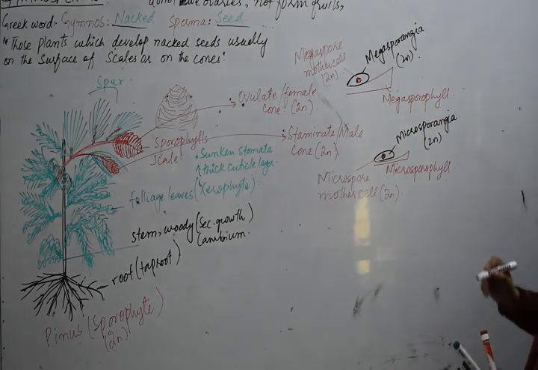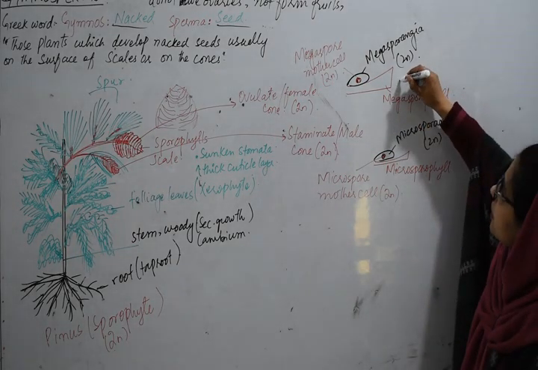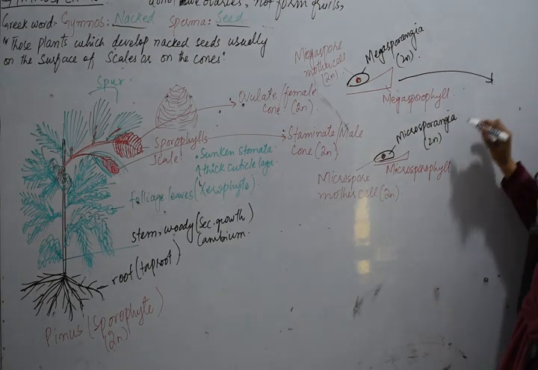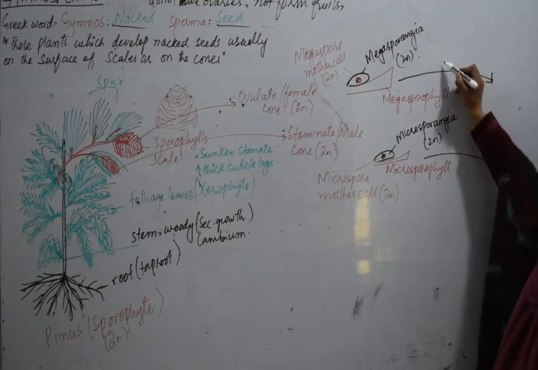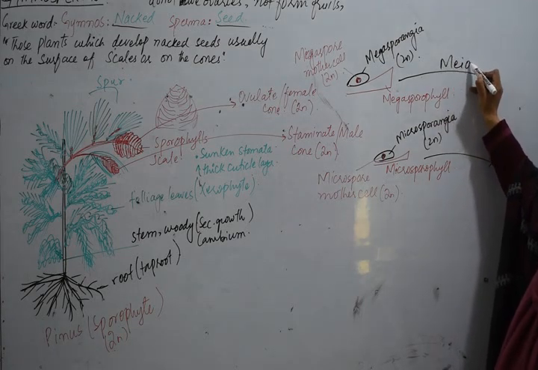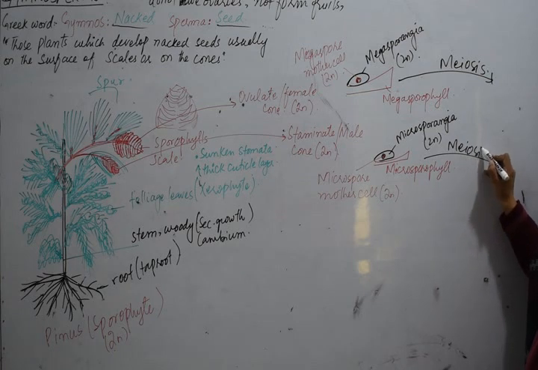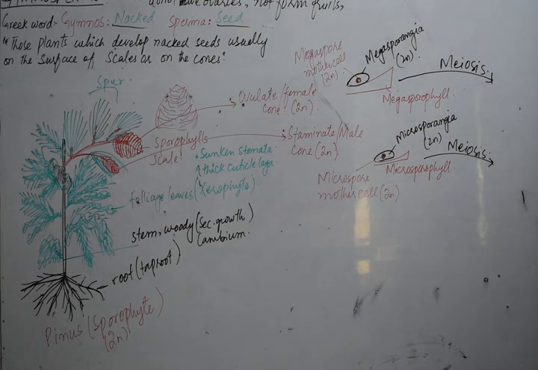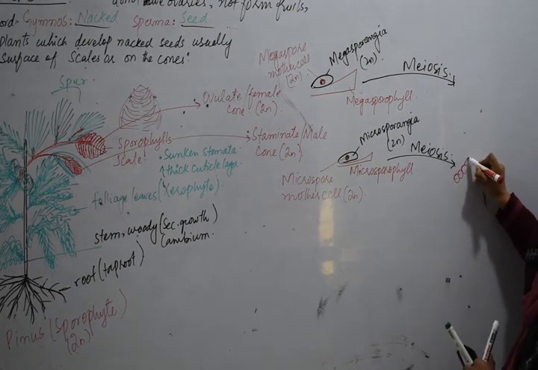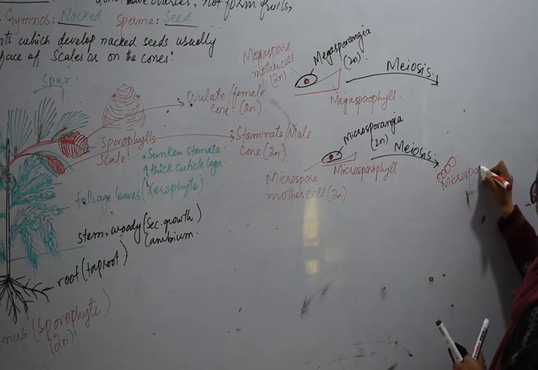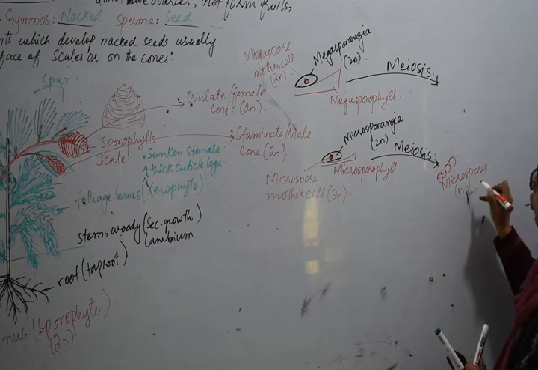So beta, this megaspore mother cell and the microspore mother cell will undergo meiosis. They both will undergo meiosis, and as the result of meiosis, they form 4 haploid cells. These are called microspores, and these are haploid.